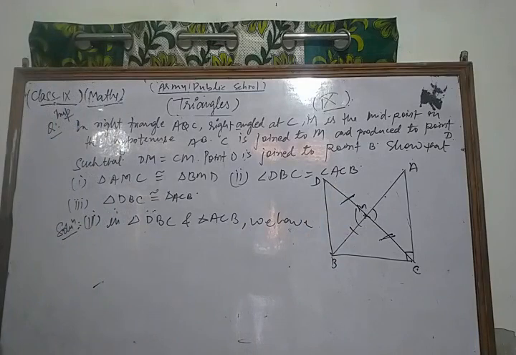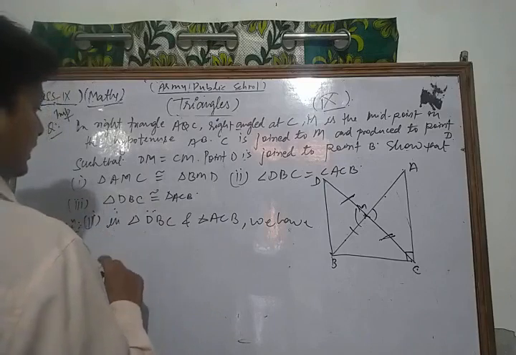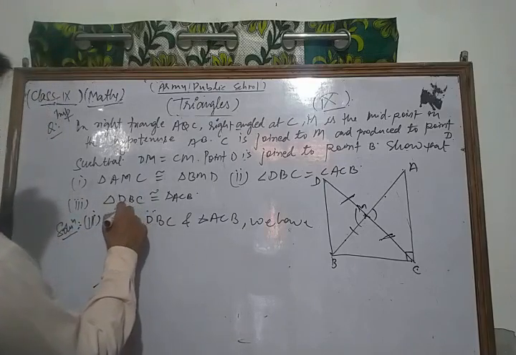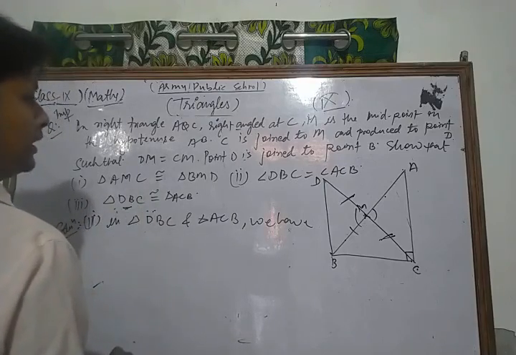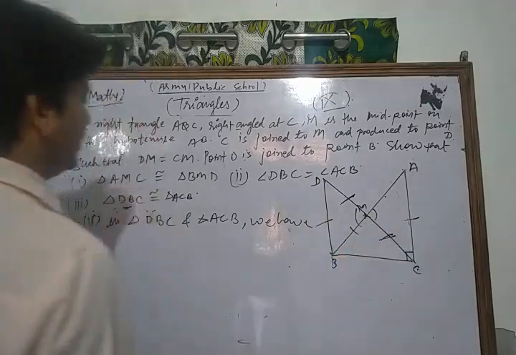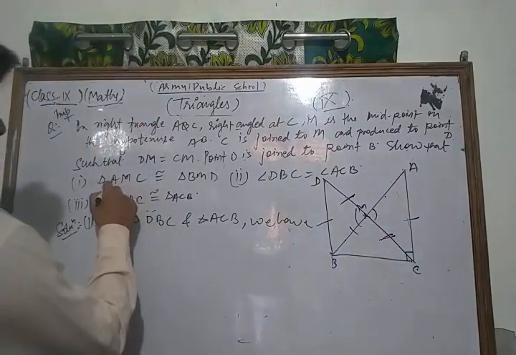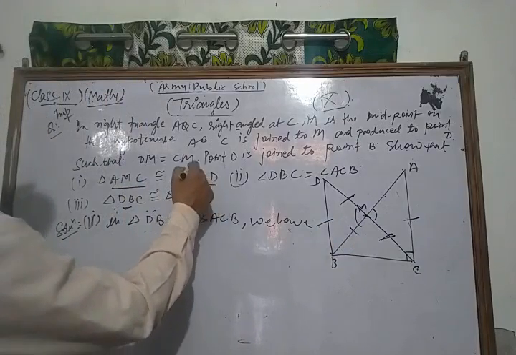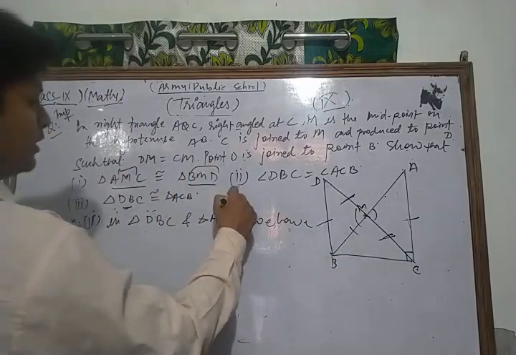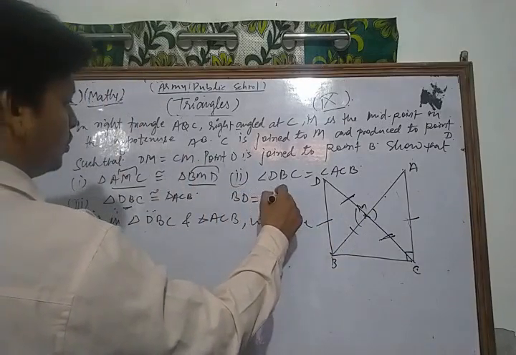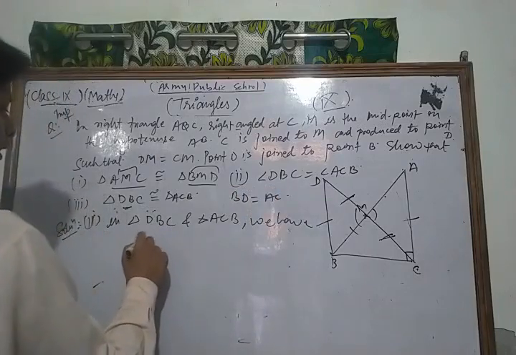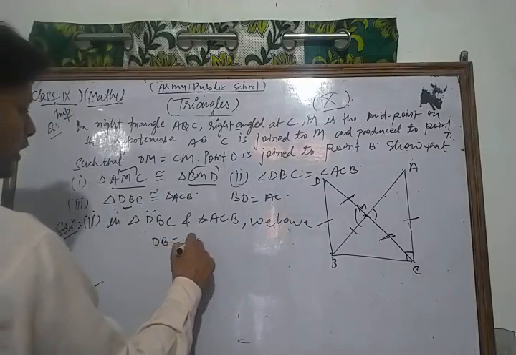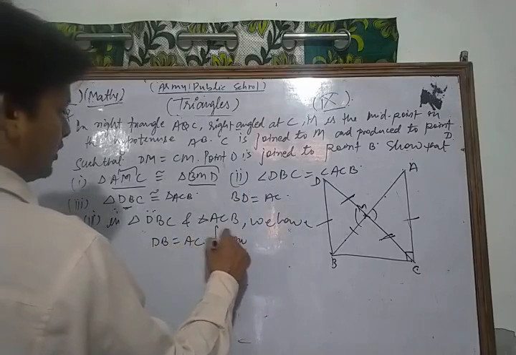AC, because by the first relation AC is equal to BD, since we showed triangle AMC is congruent to BMD. So BD is equal to AC by CPCT. So DB is equal to AC from the first result.